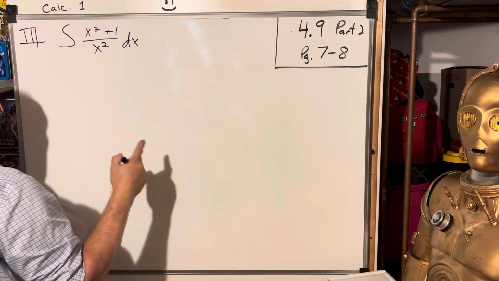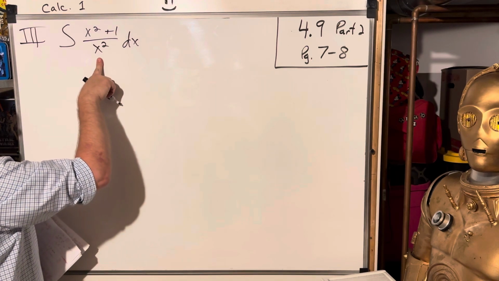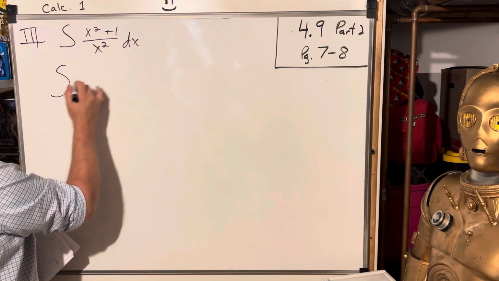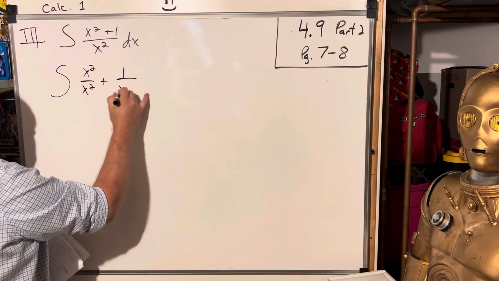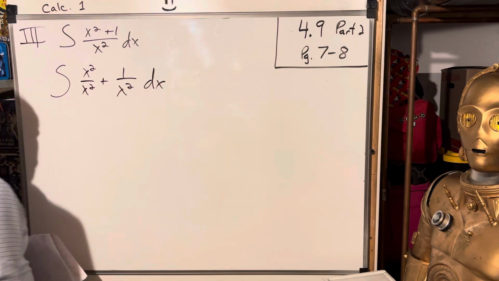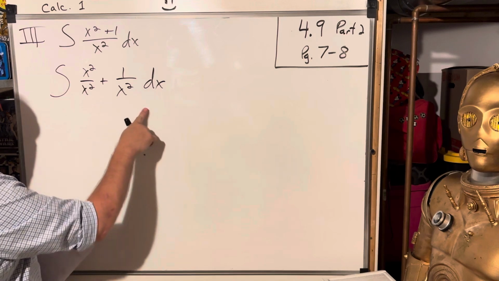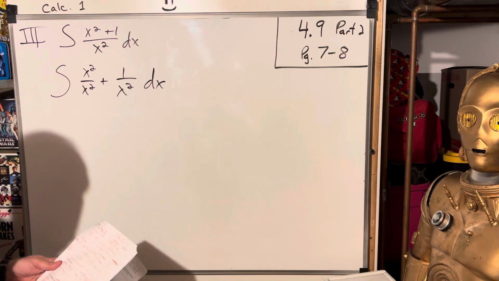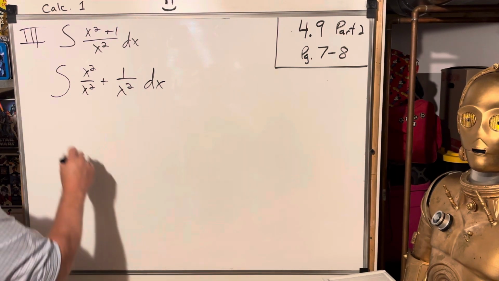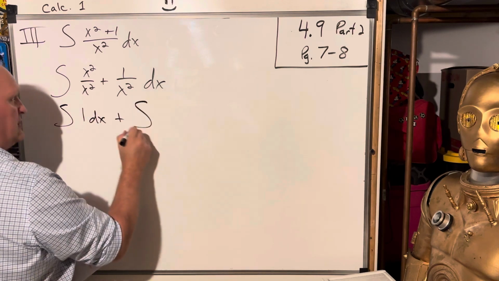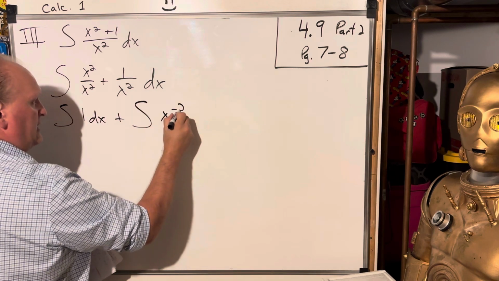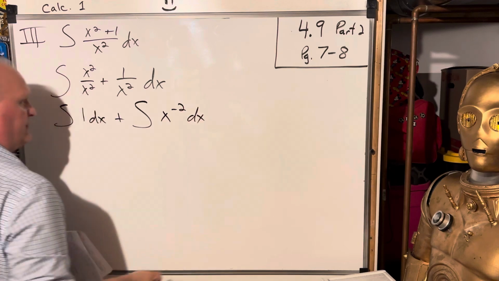What we're going to do is split this up and write it as 2 separate fractions. Now we're going to do each integration one at a time. So we have the integration of 1 dx plus the integration of x to the negative 2 dx.